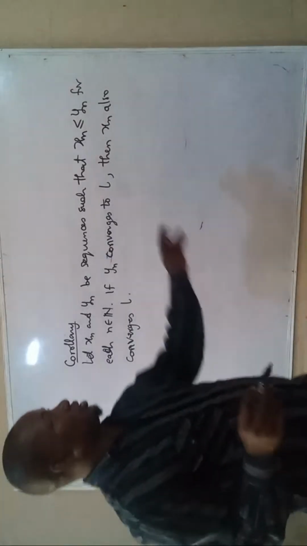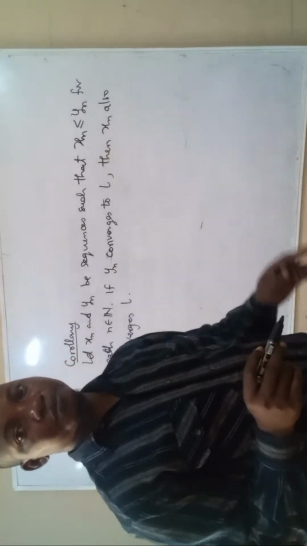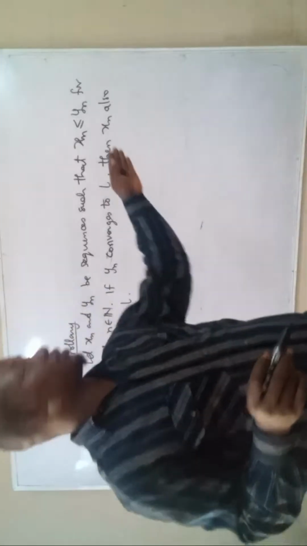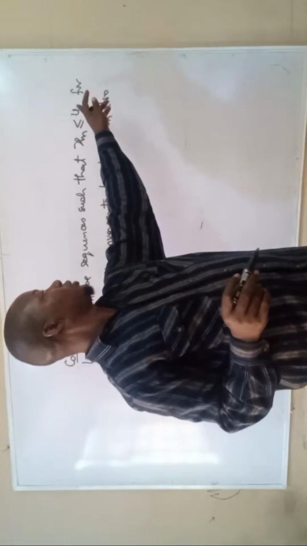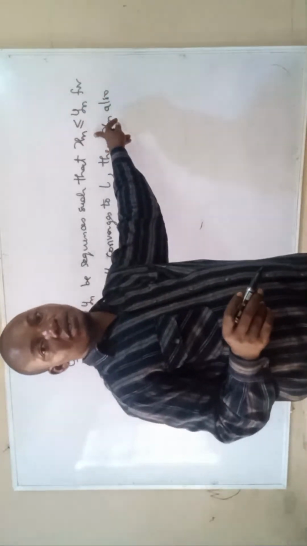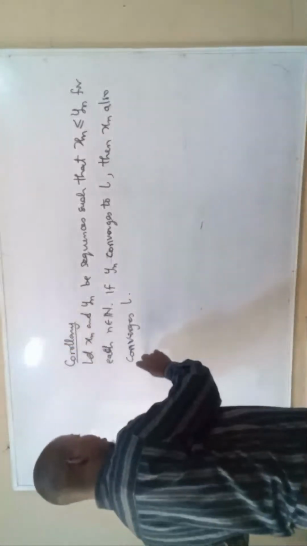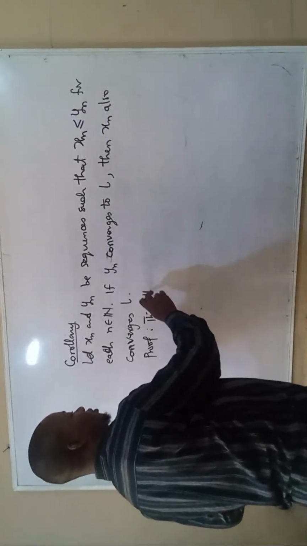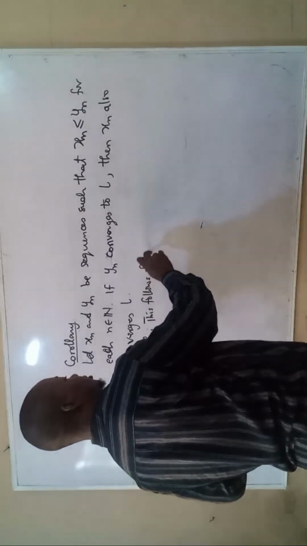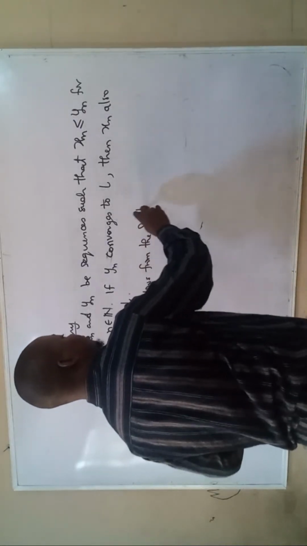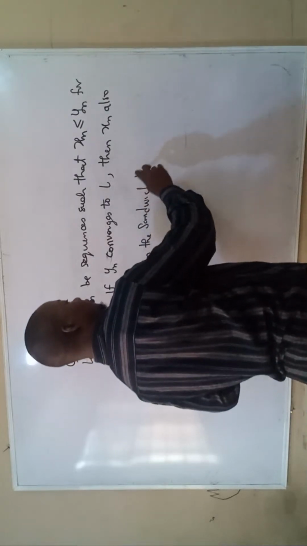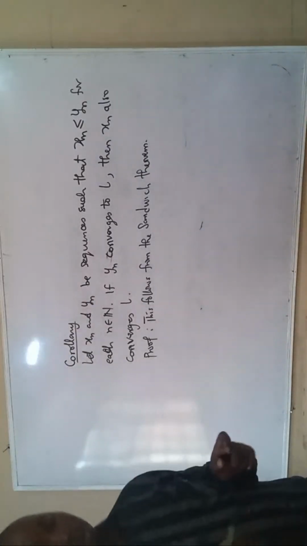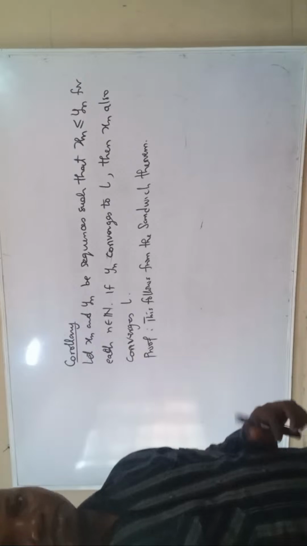Because in the last sandwich theorem, we said that if we have three sequences that follow a particular order, whatever happens to the outer ones happens to the middle one. So the proof of this follows from the sandwich theorem. So that is the sandwich theorem.